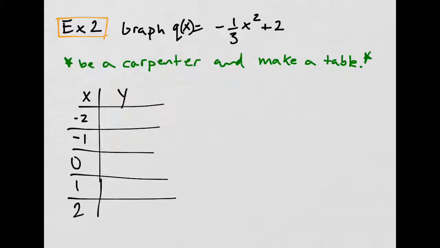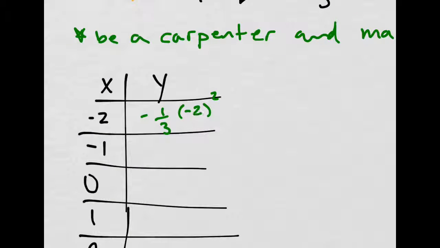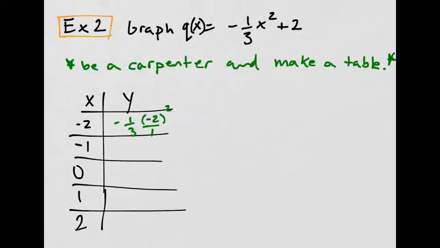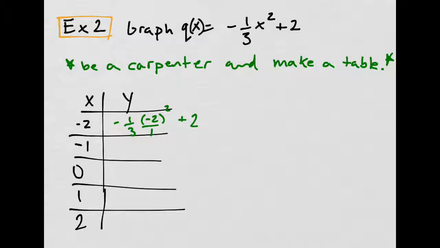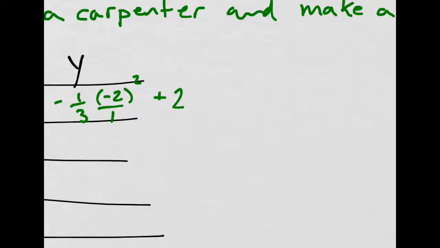So first, I need to square my x value. So I have the negative 1/3. I'm only going to write it down for this. And then the x squared, that's just the same thing as parentheses squared with the negative 2 in there. This would be over 1. And then at the end I have to add 2. So what is this? Well, that first is 4.